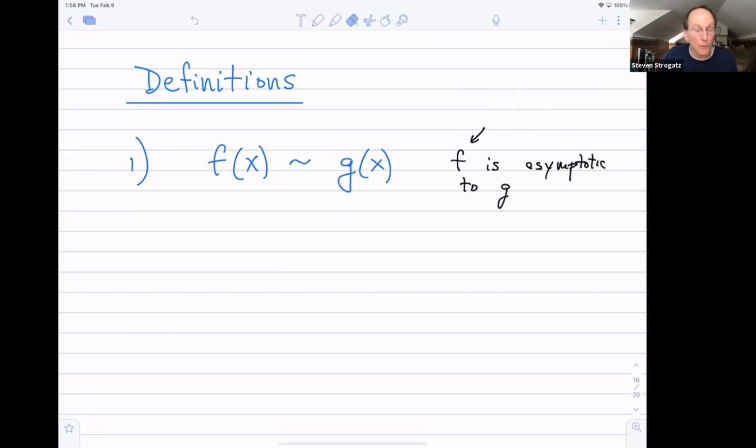That is, like in this case, we were trying to approximate a complicated integral by a simpler expression. So usually you have some kind of complicated thing, and then g will be something relatively simple.